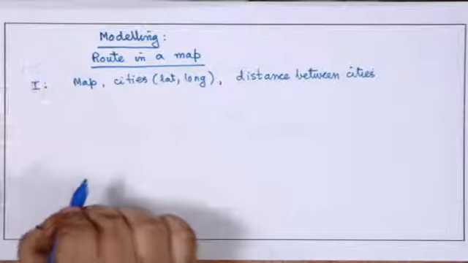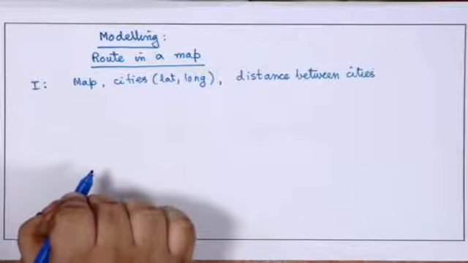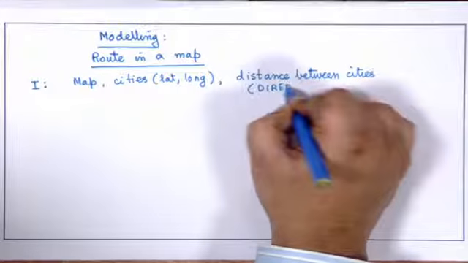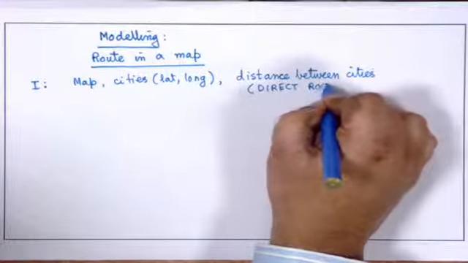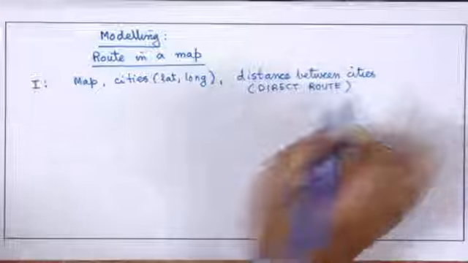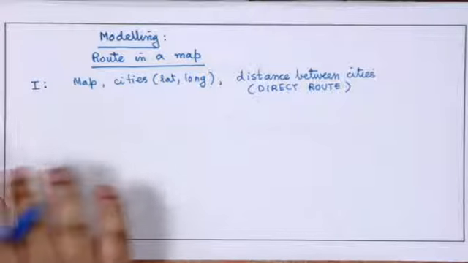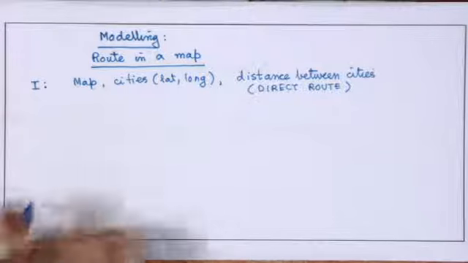That means, this distance identifies whether there is a direct route between these two cities and what is the distance in this direct route.